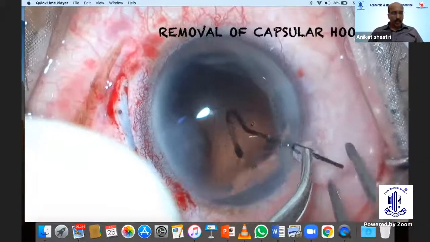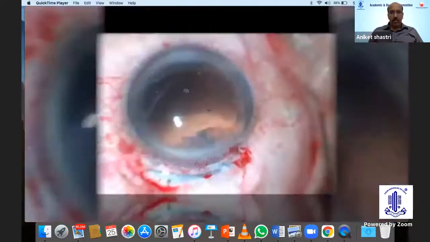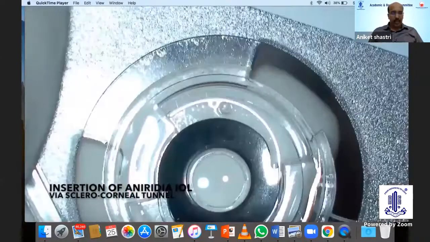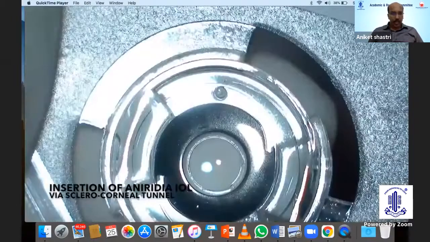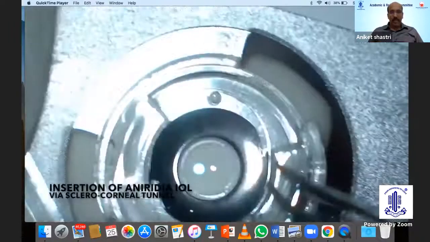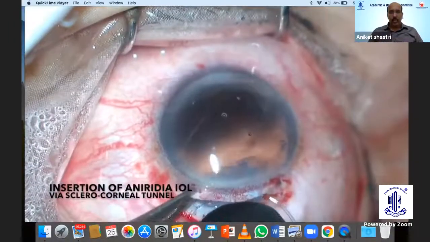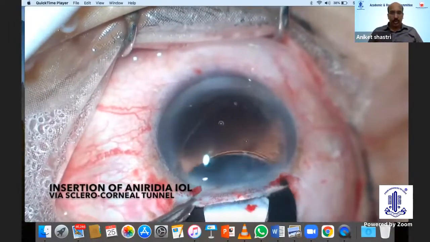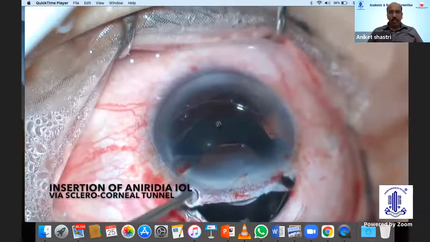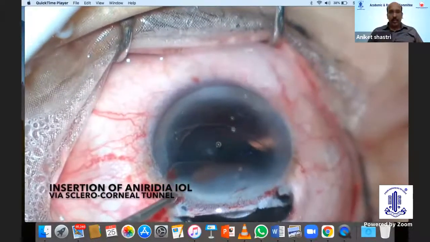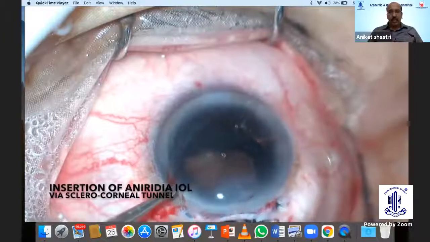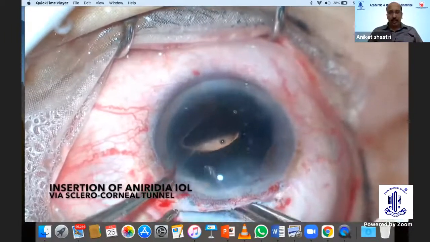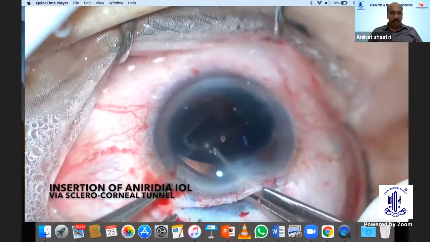Then, because it was the only thing available with us at that time, an aniridia IOL was implanted there once we opened the sclerocorneal tunnel. One thing to remember here is to place the haptics in the area where the zonules are intact and avoid the area of zonular dehiscence.